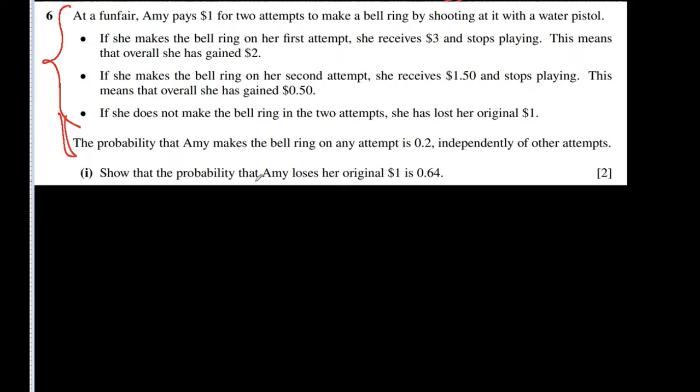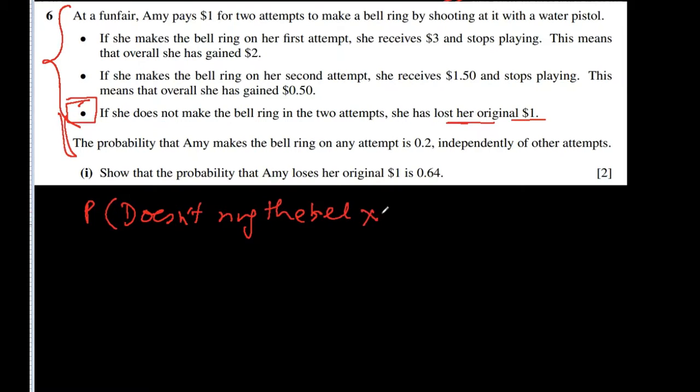Show that the probability that Amy loses her original $1 is 0.64. This third case is the one when she loses her original $1. That means the probability that Amy does not ring the bell and she again doesn't ring the bell, twice.